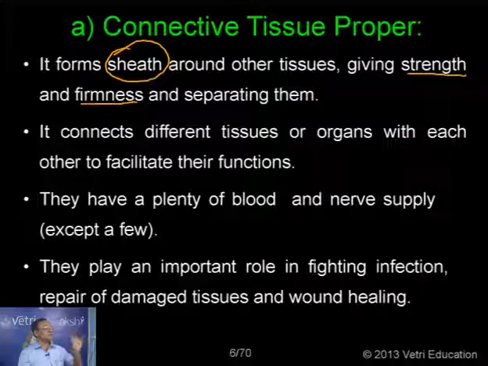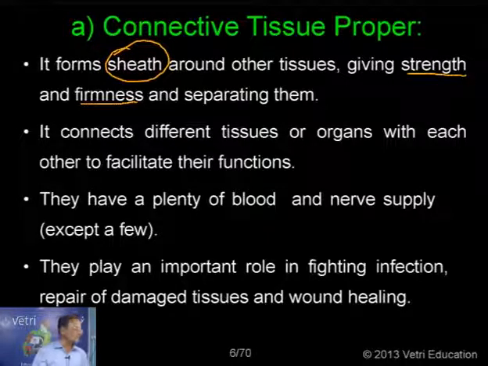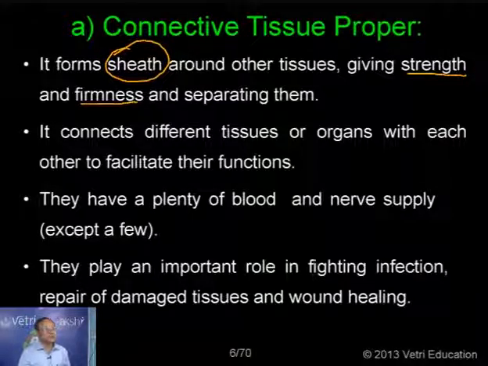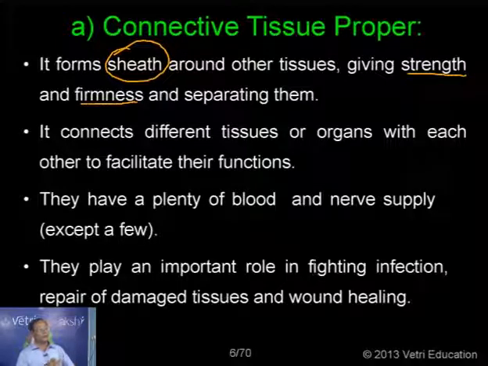That is why it is called connective tissue proper, meaning the main connective tissue. It also facilitates their functions. The various functions of the different tissues are facilitated by this connective tissue, so they form coverings around all these organs.